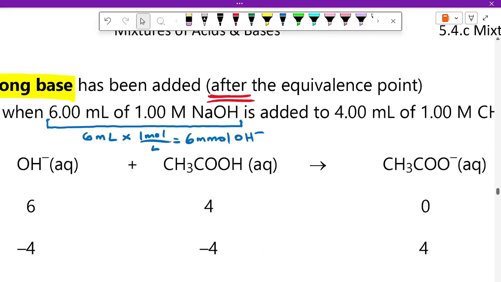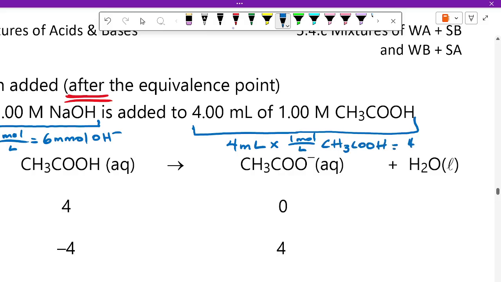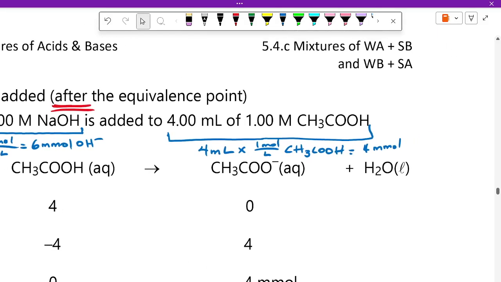We have 4 milliliters of 1 molar acetic acid. So we have 4 millimoles of CH3COOH.